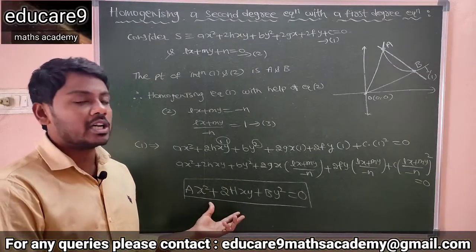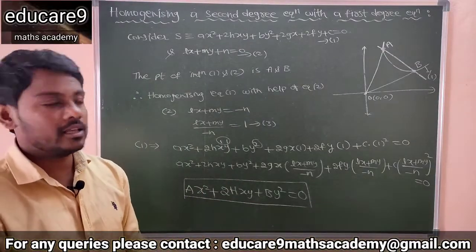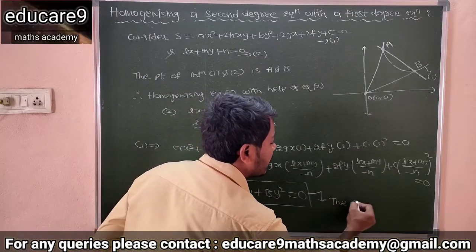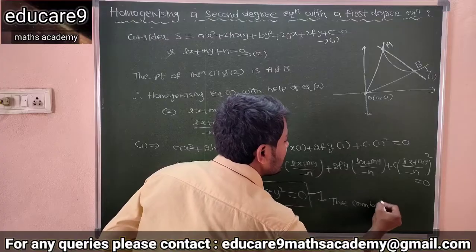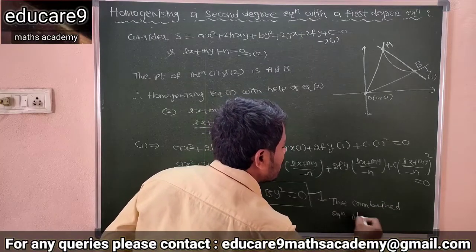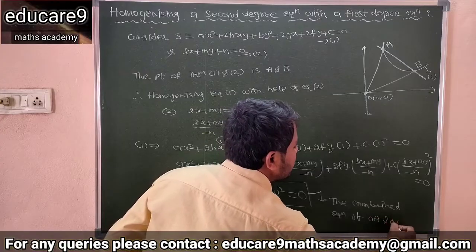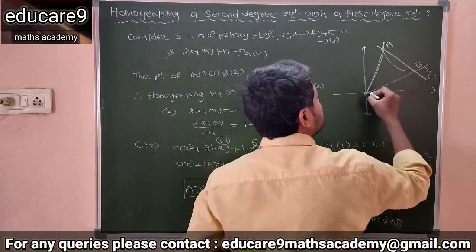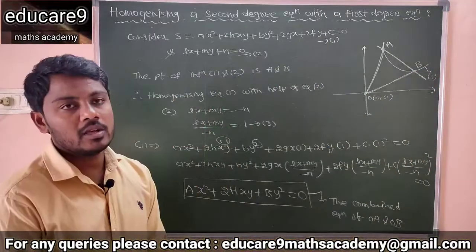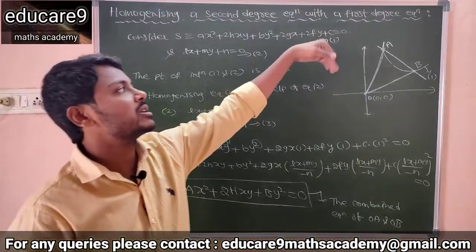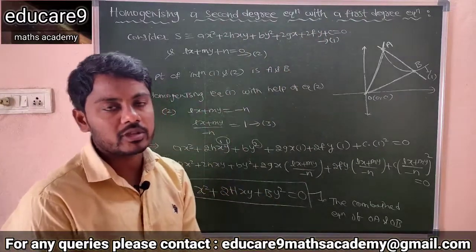Clearly it is passing through the origin, so this is the combined equation of OA and OB. So this is the concept of homogenizing a second degree equation with the first degree equation.